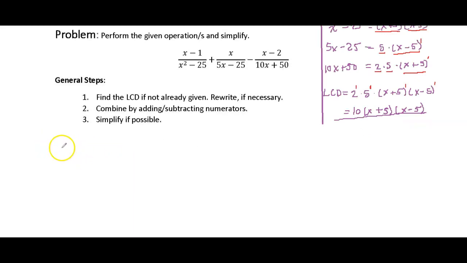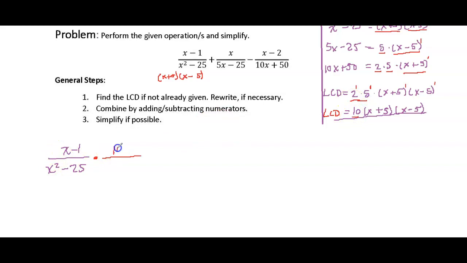Starting with x minus 1 over x squared minus 25. We want to multiply by something so that our result ends up with a denominator that represents the LCD. Well, x squared minus 25 is x plus 5 and x minus 5. And if we take a look at the LCD, the only factors that are missing are the 2 and the 5, which make the 10.